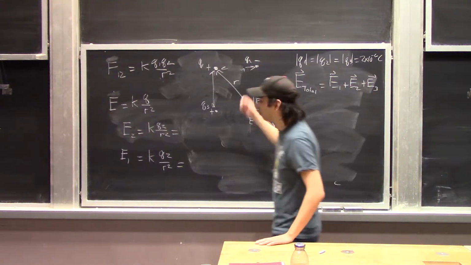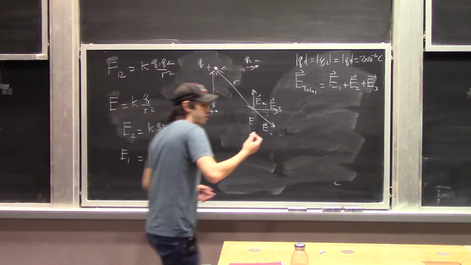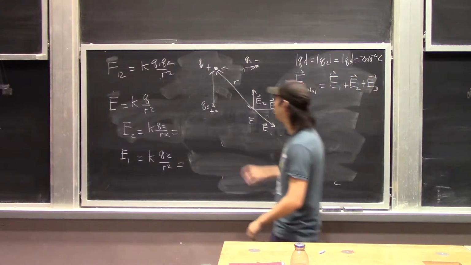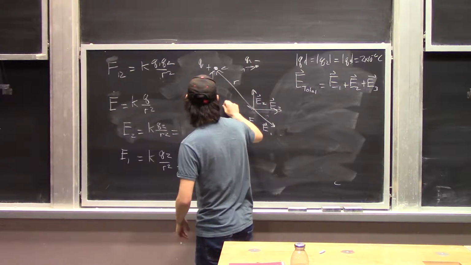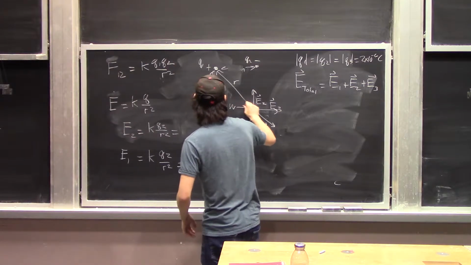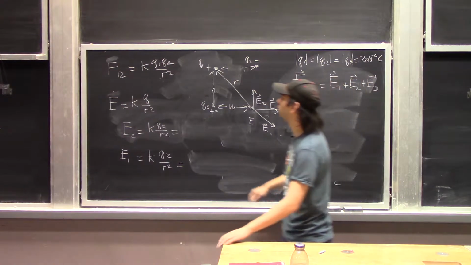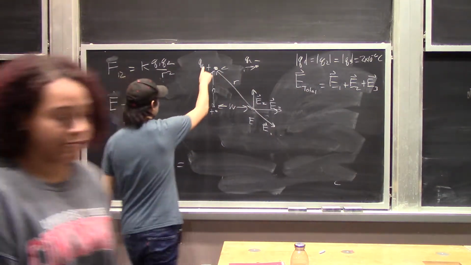Okay, so let's go ahead and talk about this one and then we'll move on to the next one. In this one, we've abstracted this a little bit by saying that we don't know exactly what the distances are, but they're defined by some distance h for the height and some distance w for the width. And we also say that these all have the same arbitrary charge, some charge q.